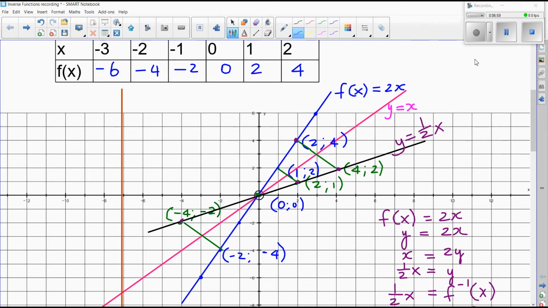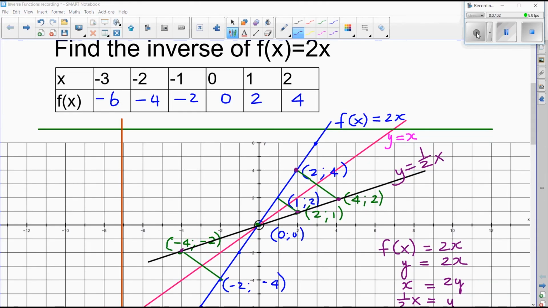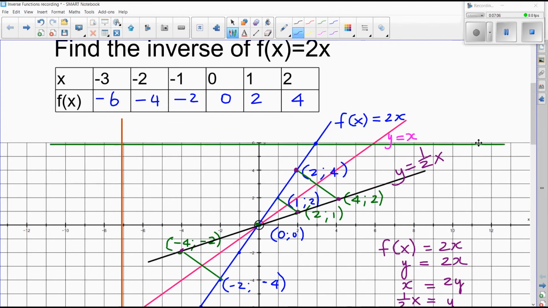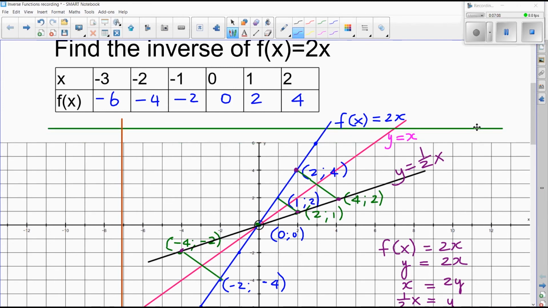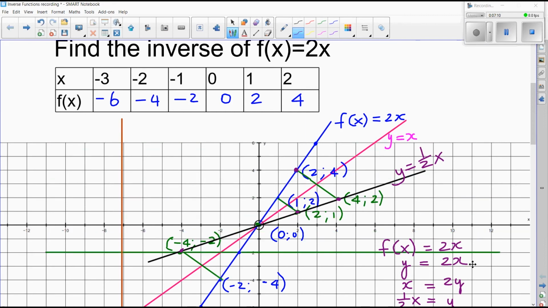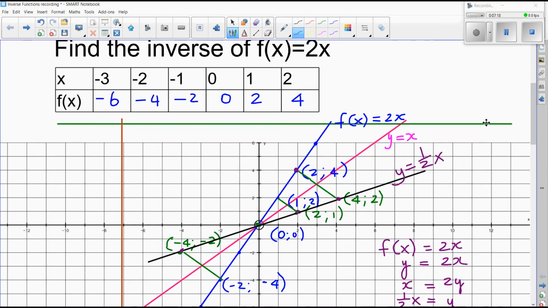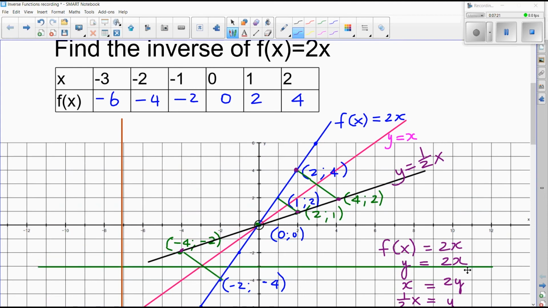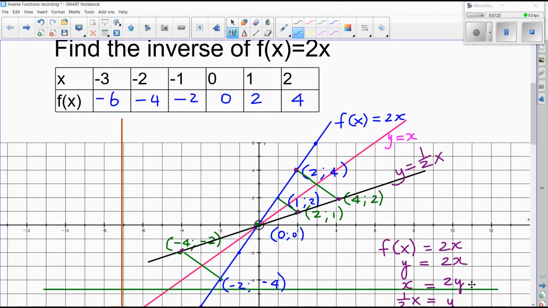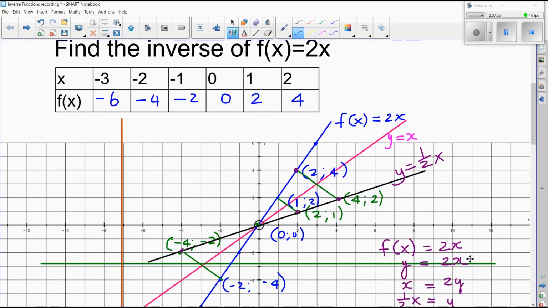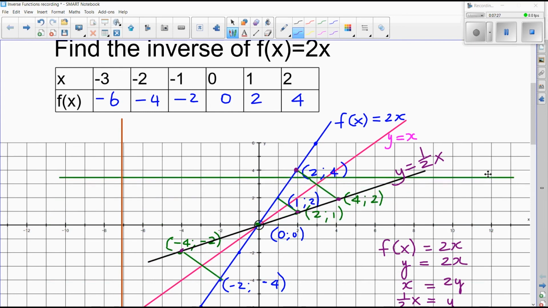There is another test that we can conduct. The second test is called the horizontal line test. So I take a horizontal line and I slide it up and down my Cartesian plane. And we see that this horizontal line is cutting f of x at one point only. We say that f of x is a one-to-one function. And if you notice, it cuts my inverse at one point only.